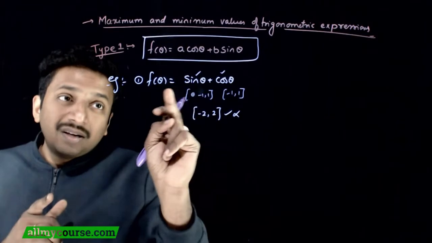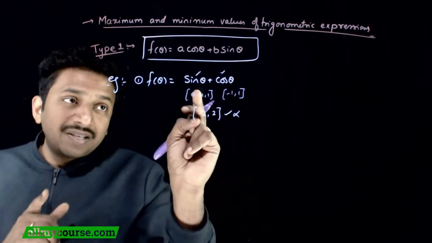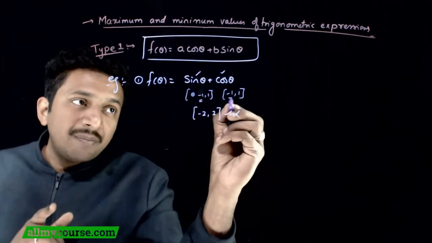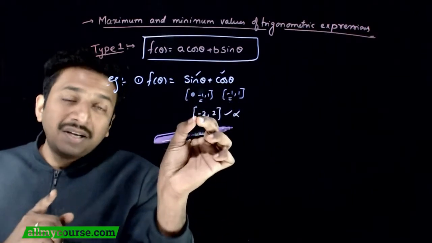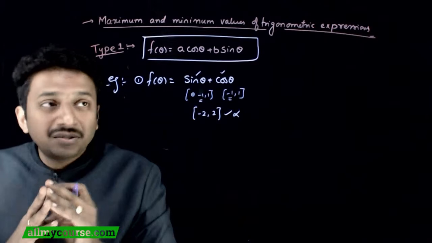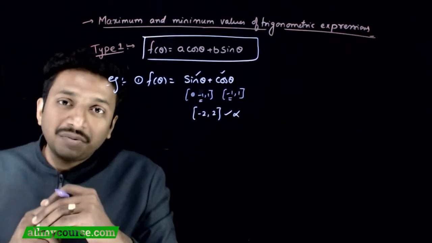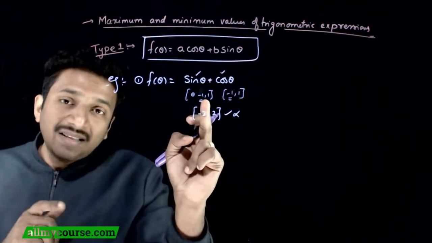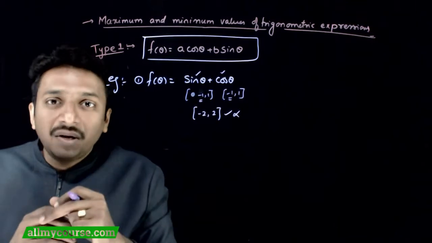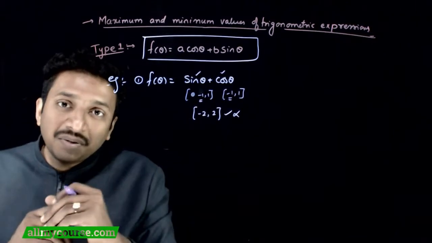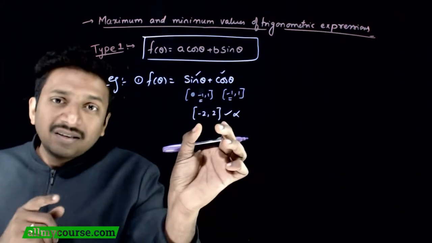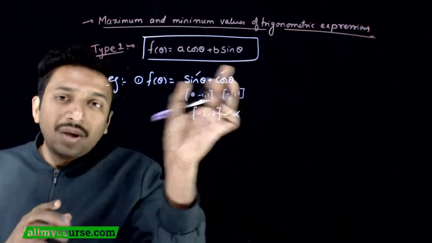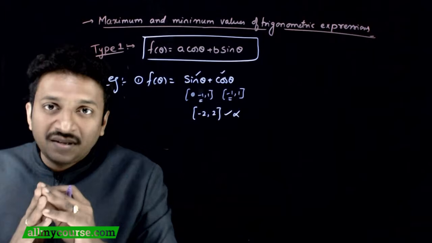So obviously we cannot take -1 and -1 simultaneously and say that this expression can take the value -2. This expression cannot take the value -2. Similarly, when sin theta is equal to 1, cos theta cannot be equal to 1; cos theta has to be equal to 0. So this type of dealing is wrong because these two expressions depend on each other.